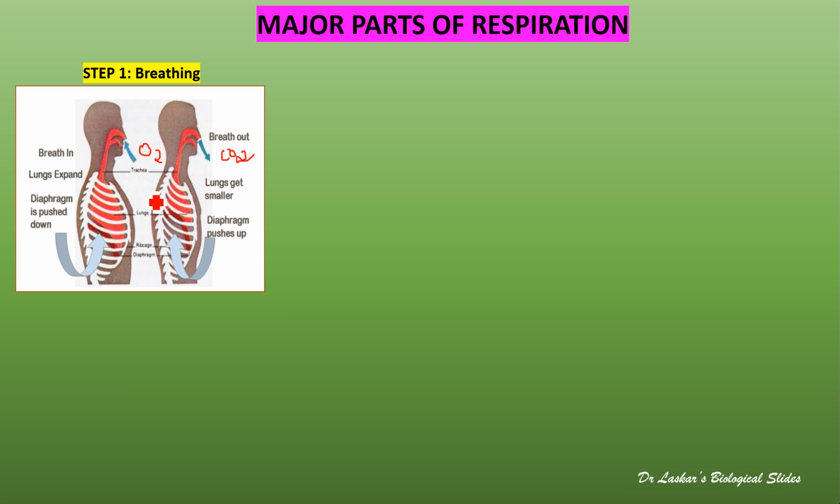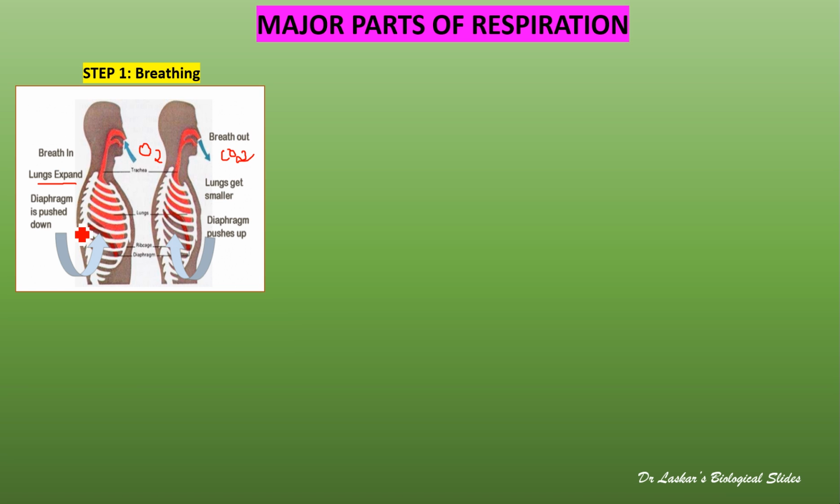When we take in oxygen, the lungs expand, and the diaphragm mainly helps in this inspiration process. Because the lungs are expanding, the diaphragm is pushed down. This way it adjusts the space for the lungs, which are now expanding due to the entry of the oxygen.